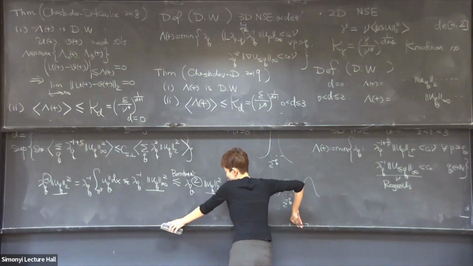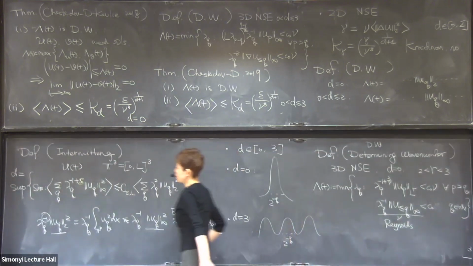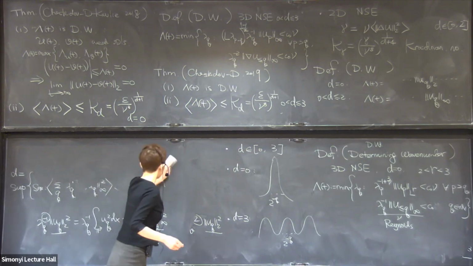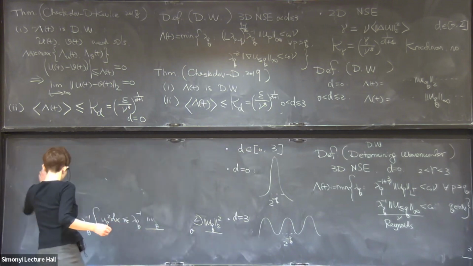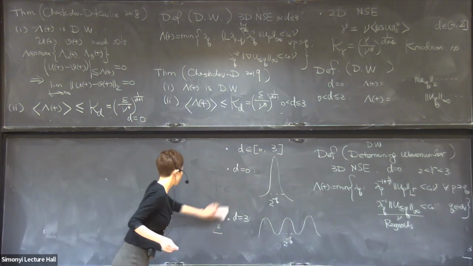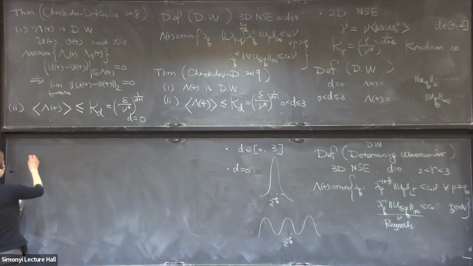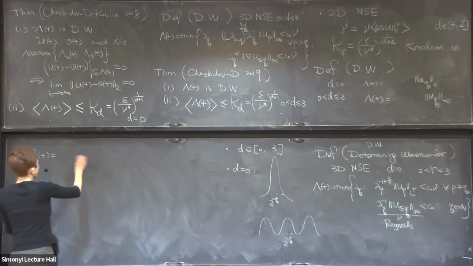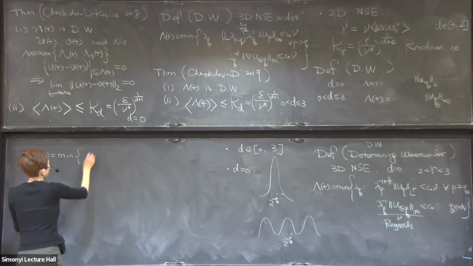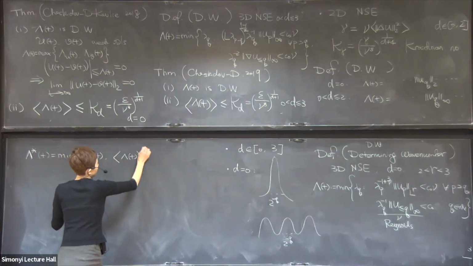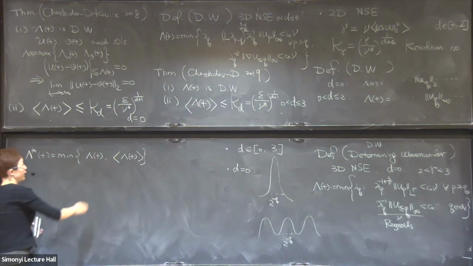But that's not the final definition. We're going to optimize, because in 2D we have global regularity. With those definitions, we take a lambda star. It's the minimum of the wave number and the time average. What does that mean?